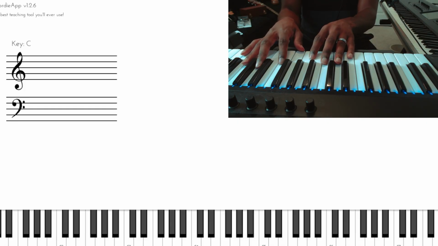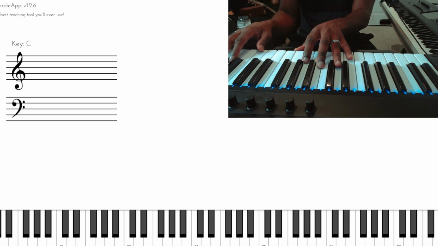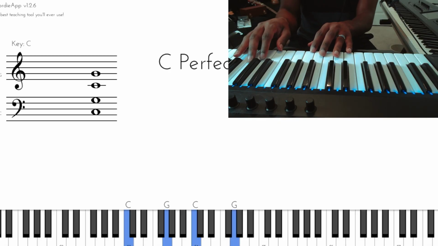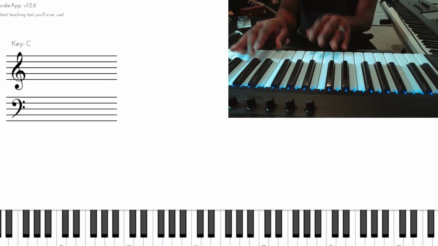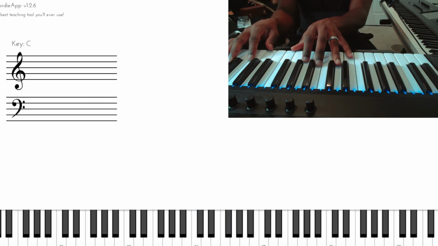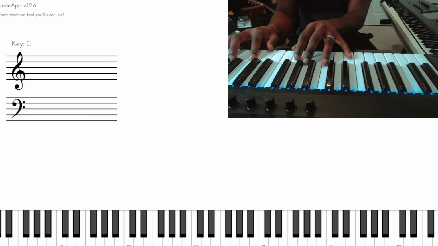And as you add more, let's say I wanted to play a 13, you can take out the 5th. The 5th, because it doesn't change the chord either way, is one note you can leave out. So let's see. If I do that, that's a 9 and we have a 13 in here as well.